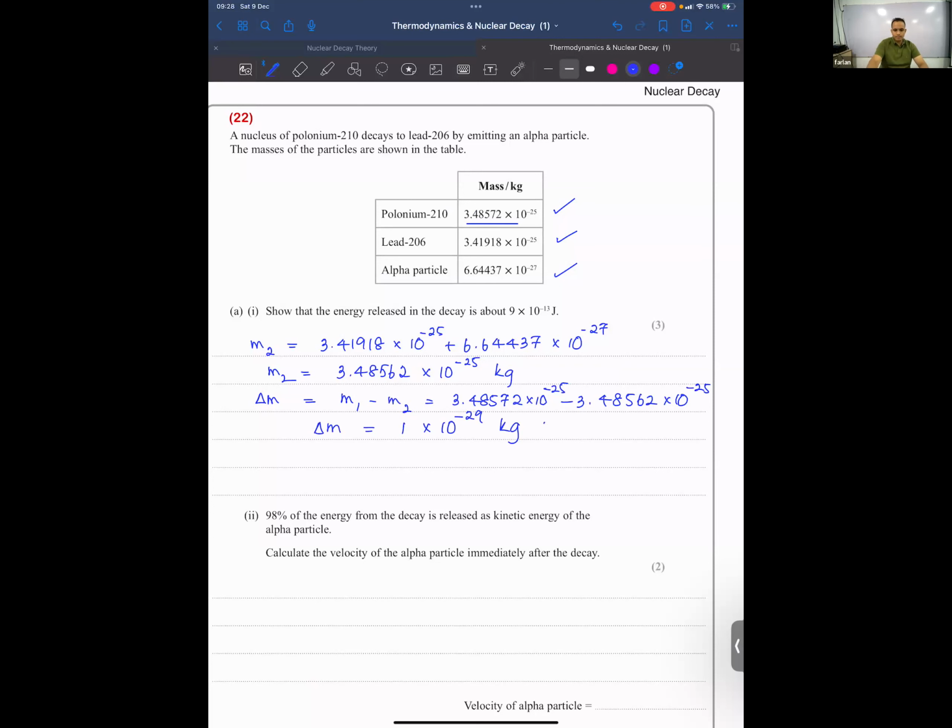This is by how much the mass is reducing.